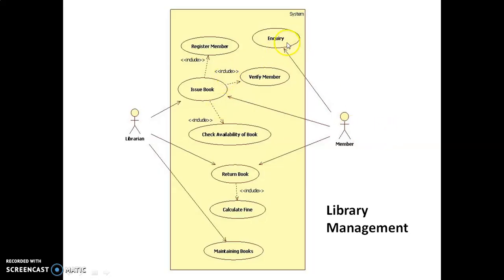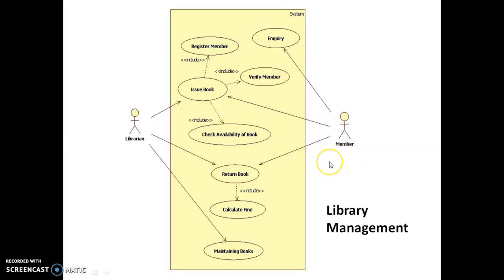Then, according to the demand of the member, the librarian checks whether the book is available, whether it is a registered member or not, and verifies the member according to the ID card.